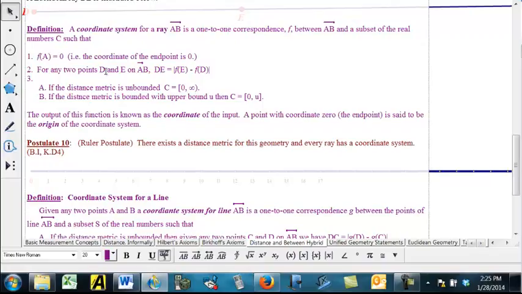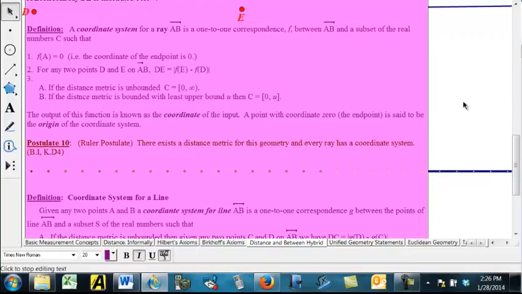Okay. So everything works just the same as we had it. If the distance metric is unbounded, then the set C is the non-negative real numbers from 0 to infinity, including 0. If it's bounded with least upper bound U, then C goes from 0 to U inclusive.